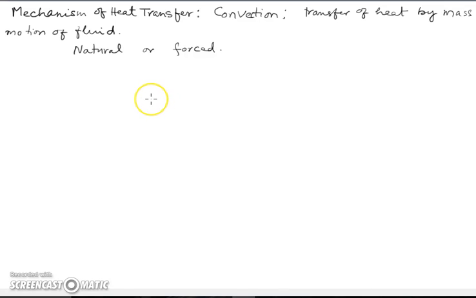The convective heat transfer is a very complex process, and there is no simple equation to describe it. We can talk about a few experimental facts. The heat current due to convection is directly proportional to the surface area.